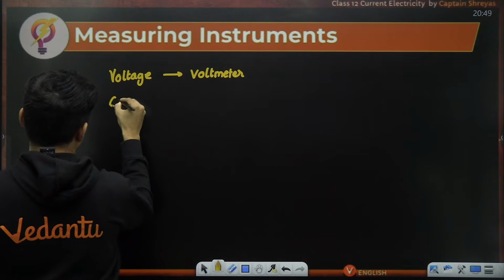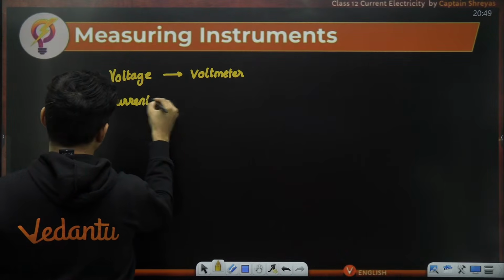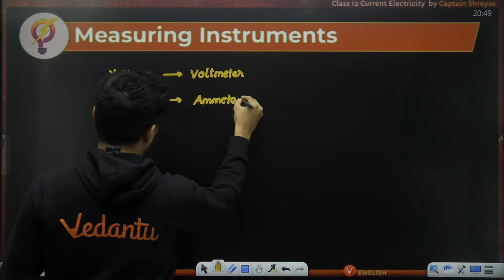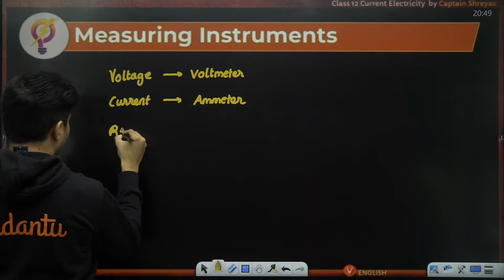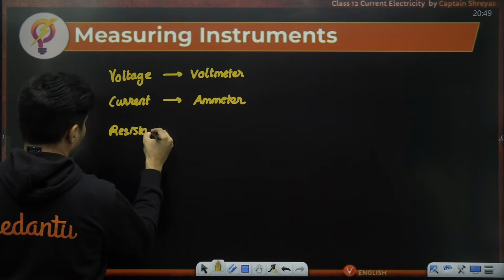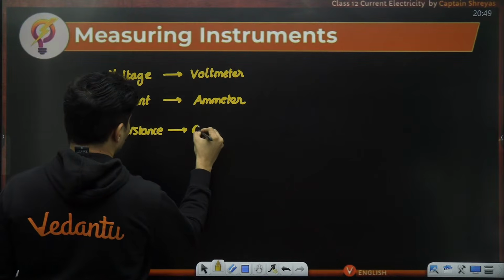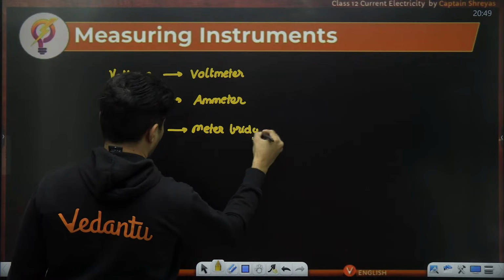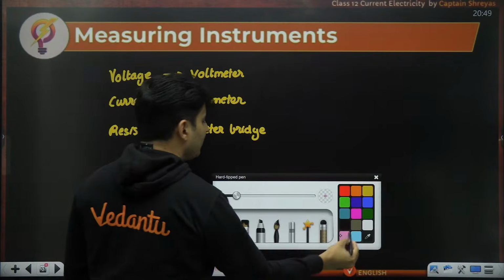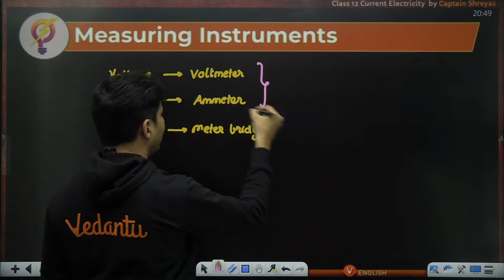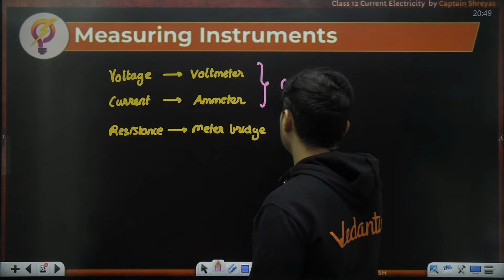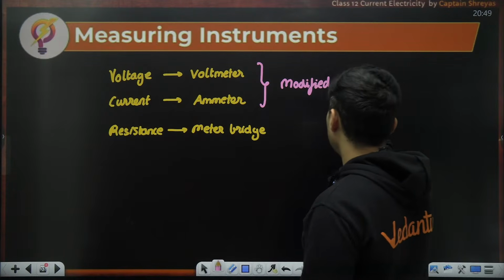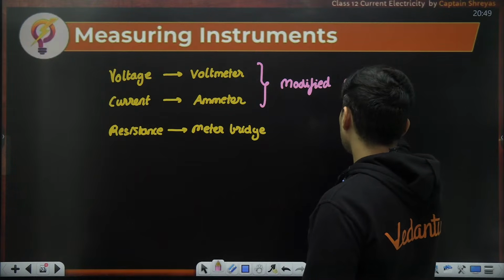To measure the current, we have the ammeter, not current meter. And to measure resistance, the device that we are going to use is called the meter bridge. These two devices, voltmeter and ammeter, are just modified galvanometers.